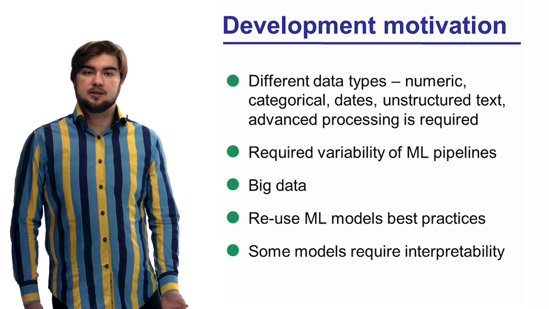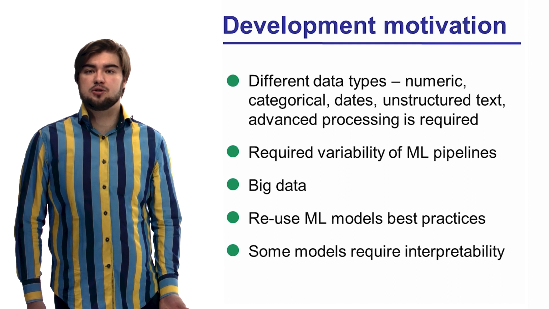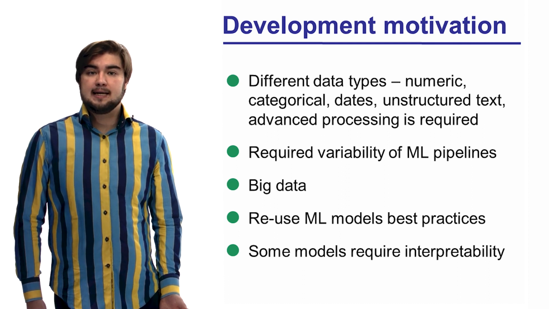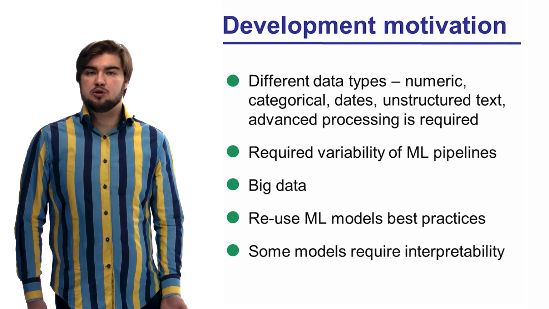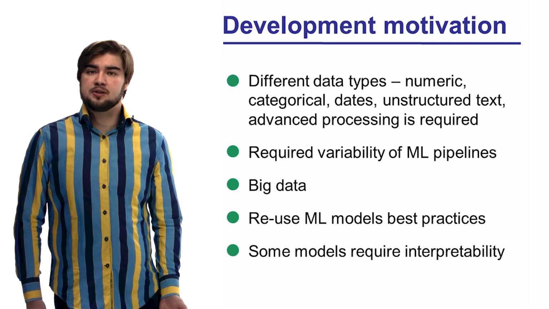The question is, what was the motivation to develop LightAutoML? Firstly, machine learning pipelines have to work with different data types, such as numeric, categorical, raw dates, and even unstructured text. Most of these cases require advanced pre-processing. Secondly, we want the pipeline to be customizable, so we could easily adapt it to our specific task.